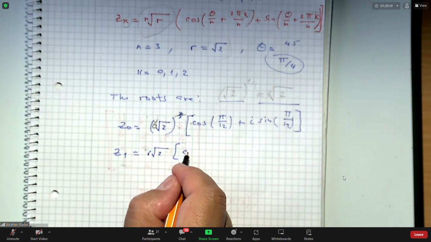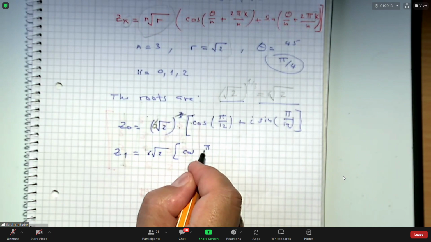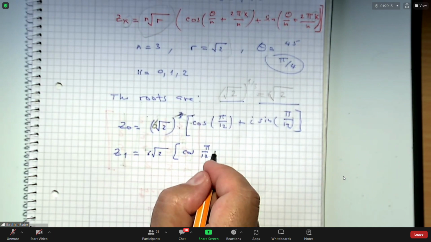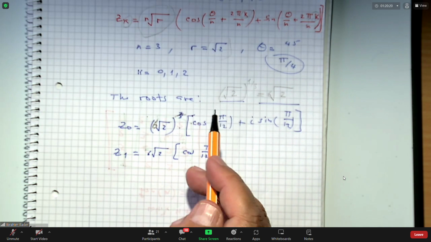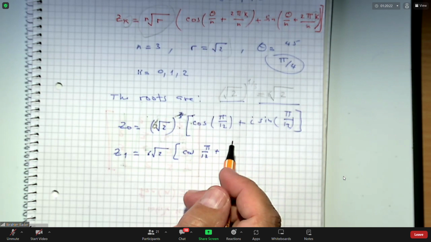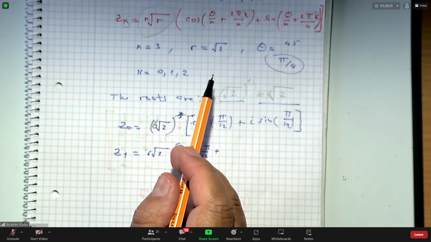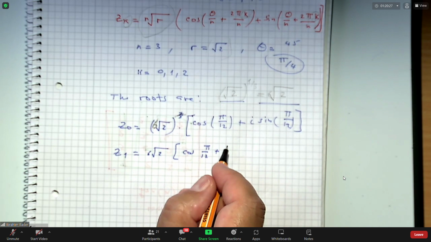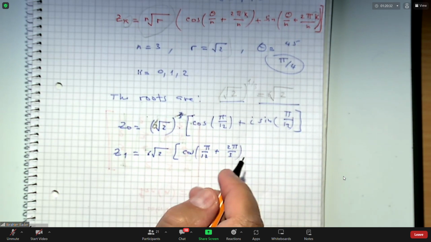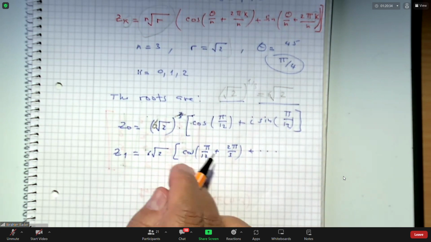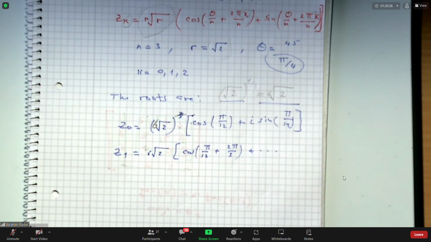So I have here cosine of pi over 12 plus theta plus 2 pi, where's the formula, 2 pi over n. So 2 pi over 3. So as you see here, you will be just learning how to add different roots. Here, you have pi over 12 plus 2 pi over 3.